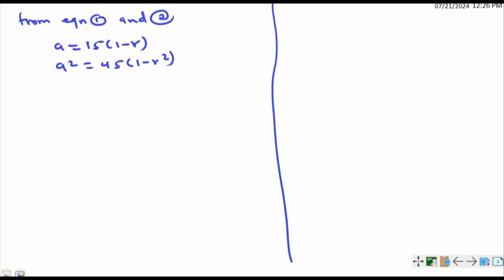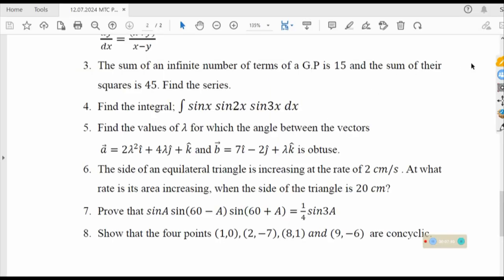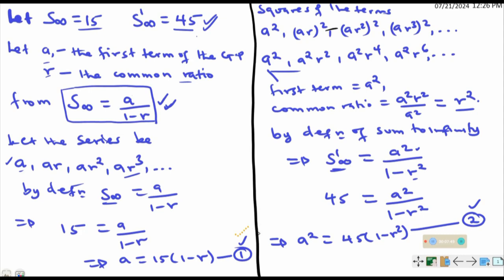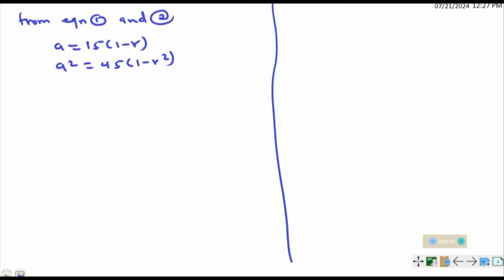So that is what we had from equation number 1 and number 2. So those are the two equations that we need to solve to obtain the values of a and r. Now, from these two equations, we have this one as equation number 1, this one as equation number 2.